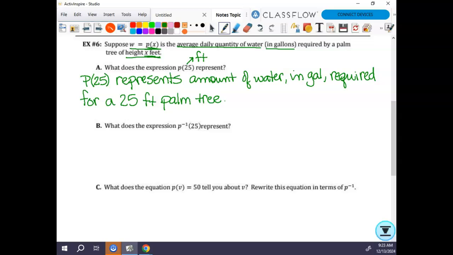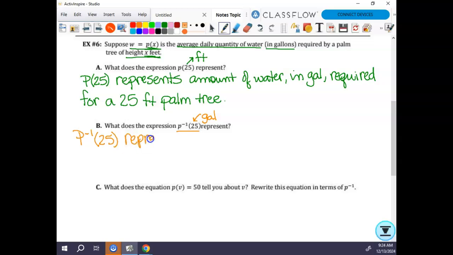Everybody understand how to make sense of that? Questions? All right. So then it asks, what does the expression P inverse of 25 represent? In this case, what does the 25 represent? The gallons, right? Okay. I have this many gallons of water, how tall can the tree be, type of thing, right? So P inverse of 25. So if the input is the gallons, then this represents the height, okay?